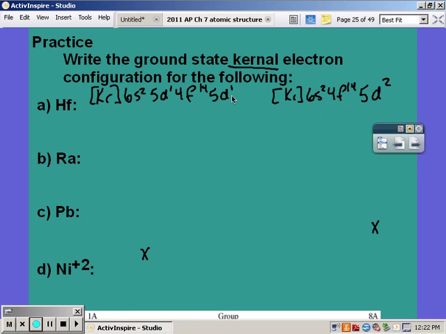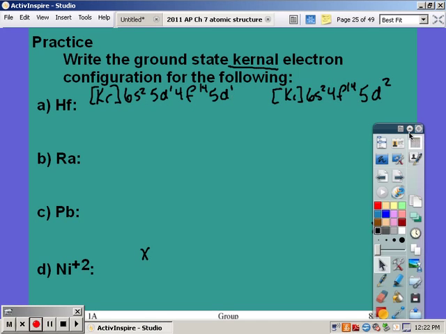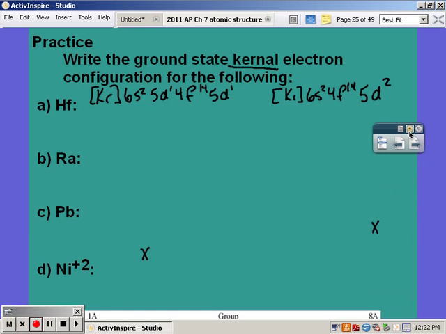Go ahead and write your shorthand configurations for radium and lead. Restart when you have your answer.